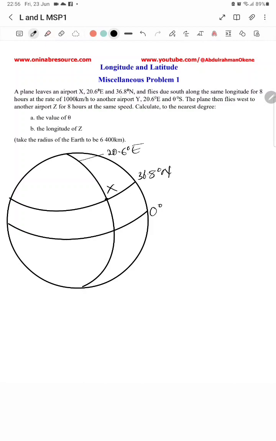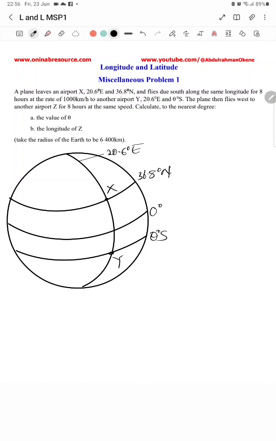That's point X. Then the plane flies due south along the same longitude, down to the south, at the rate of 1000 kilometers per hour to another airport Y on the same longitude as X, but theta degrees south. This is theta degrees south, so we have our point Y here.